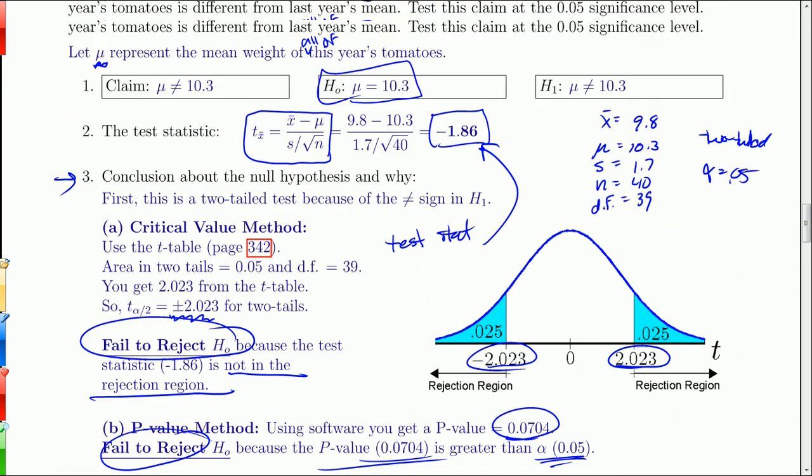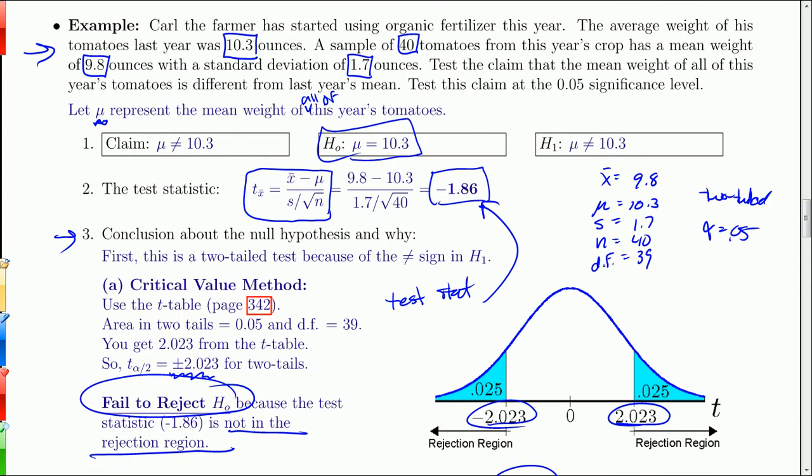Right, so let's see what happens. Our alternate supports the claim, but we fail to reject the null hypothesis. That's not good for our claim.